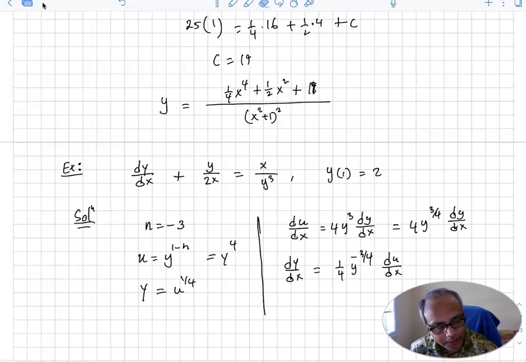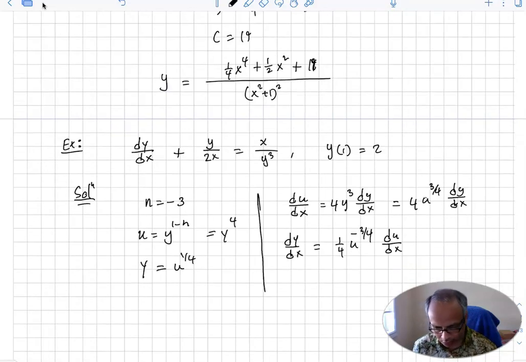Sorry, this should be a u. Okay, so you could have looked at here: y is u to the power 1/4, dy dx is 1/4 u to the power minus 3/4 du dx. It's the same process in both directions.